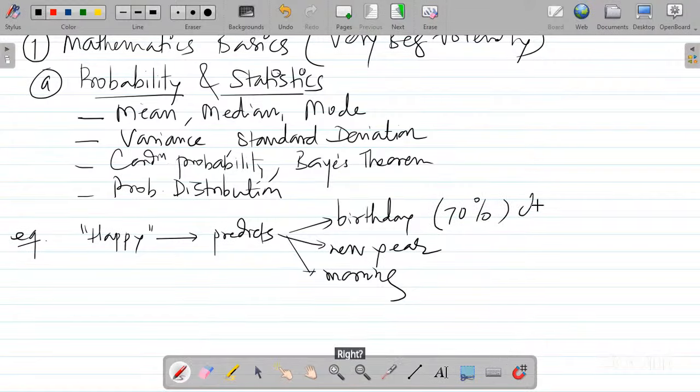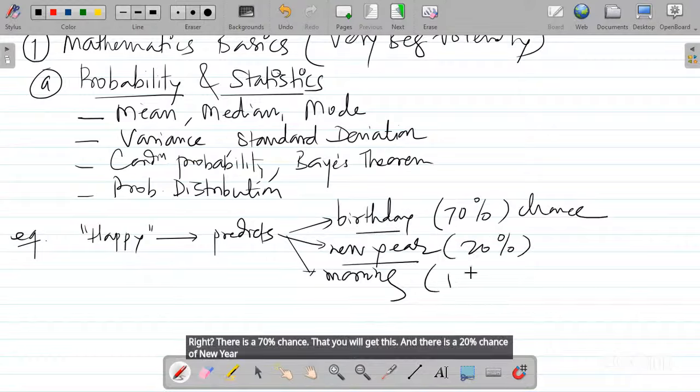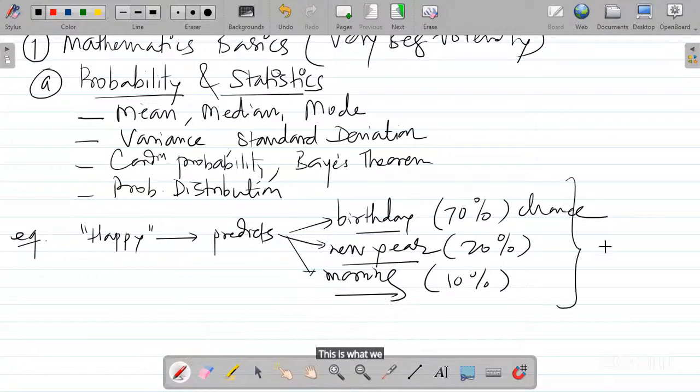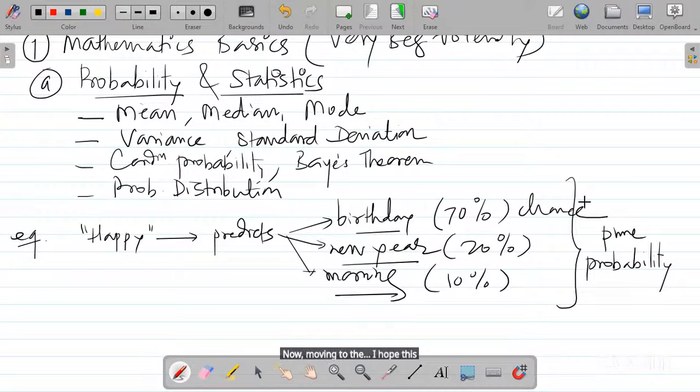There is a 70% chance that you will get this, a 20% chance of New Year, and a 10% chance of morning. This is what we call pure probability. That is the reason probability and statistics are important, and that comes under the first subsection of our mathematics basics.